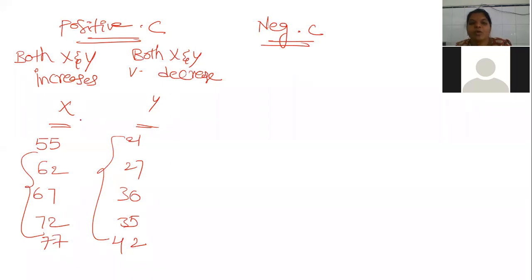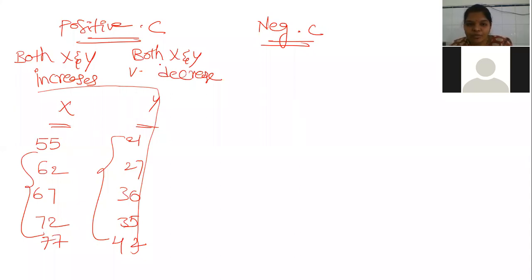So by observing these two variables, both x and y values are increasing. Put it in columns like x and y, write down these numbers, and then you can understand what is going on.